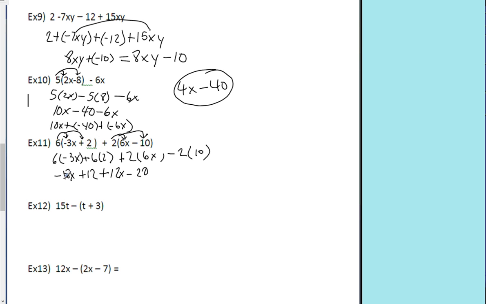If I have 18 negative x's and 12 positive x's, that's rule number 2. That means I subtract them, so I get negative 6x. Right here, 12 minus 20 is the same as 12 plus a negative 20. You can do that, which makes that negative 8. And there you have it, negative 6x minus 8.